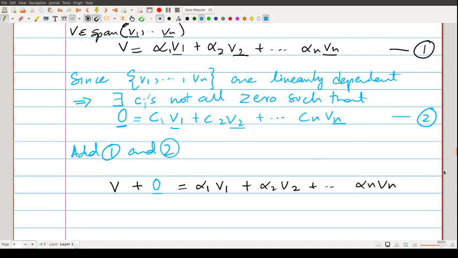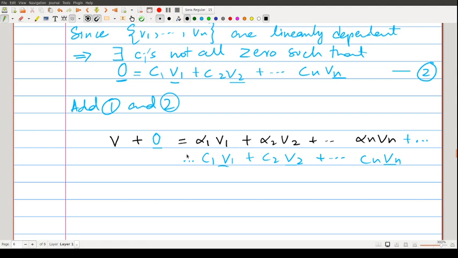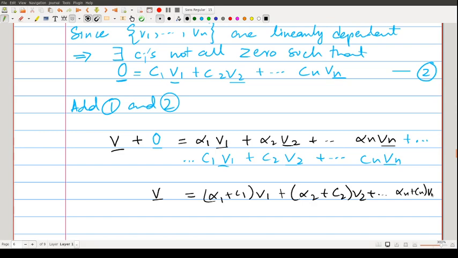And you also have addition, and let me write this on the next line so you can see how they connect. The right hand side of this equation is C1 V1 plus C2 V2 plus dot dot dot Cn Vn, right? And now I can just add these equations up. This left hand side gives me just the vector V, okay, and the right hand side gives me alpha 1 plus C1 V1 plus alpha 2 plus C2 V2 plus dot dot dot alpha n plus Cn Vn.